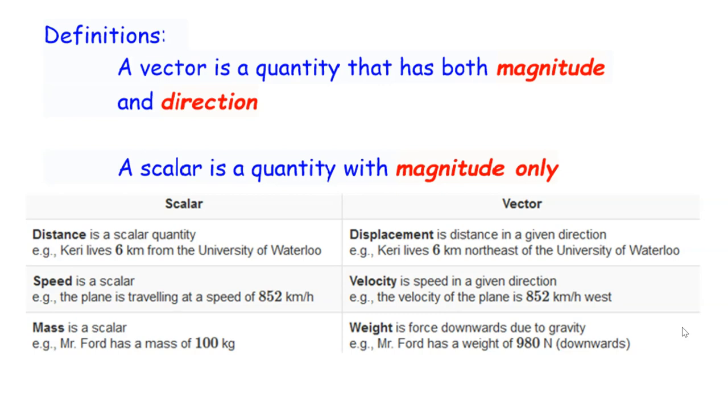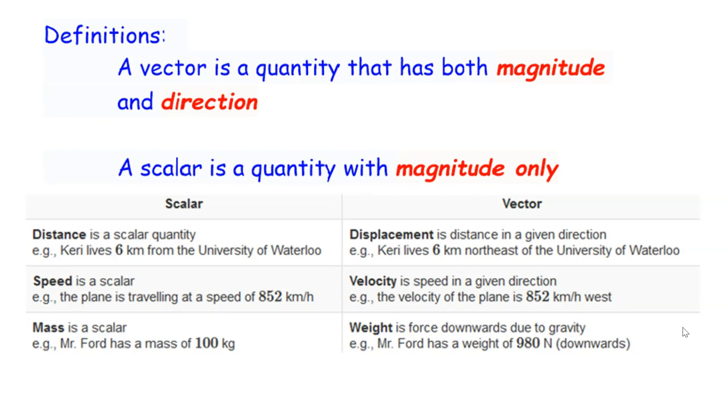Mass is also a scalar. Mr. Ford, and I'm not referring to anybody in particular, no politician whatsoever, just happen to use the name Ford, has a mass of 100 kilograms. So again, that's just the amount of the mass of Mr. Ford.